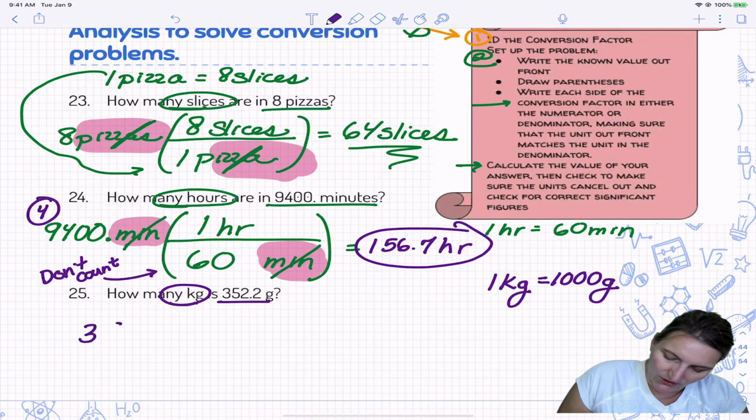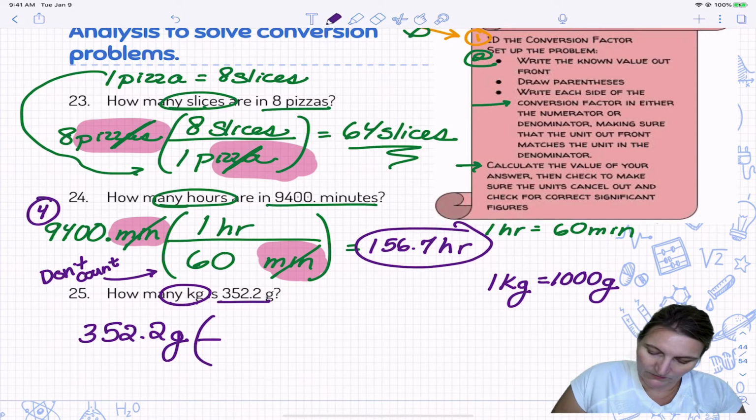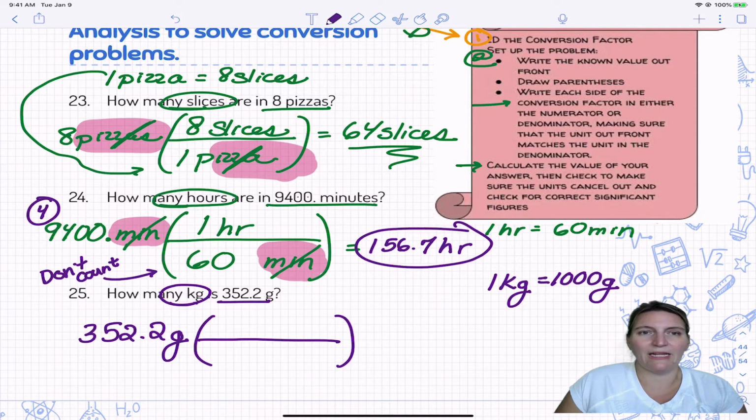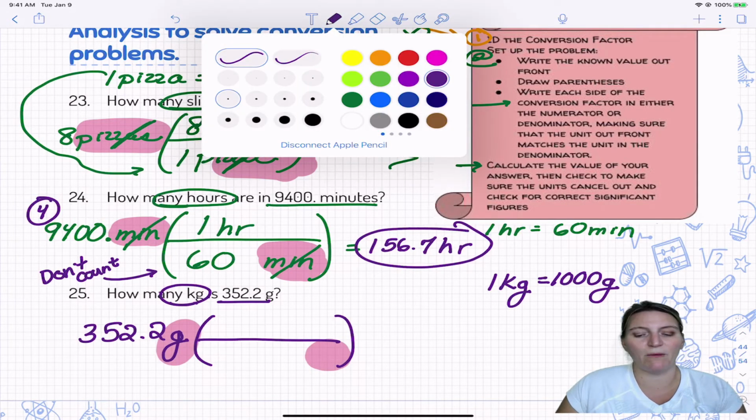So that's my conversion factor. I'm taking 352.2 grams, putting it out front, taking the conversion factor and plugging it in. Since grams is out front here, I'm going to need grams in the denominator of my fraction.